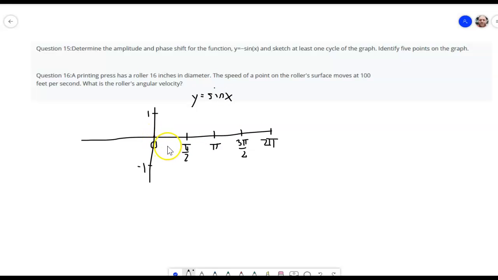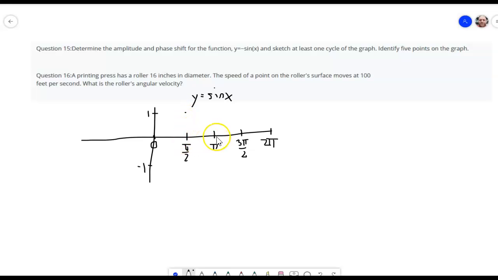When x is equal to 0, or your angle is equal to 0, look at your unit circle, then your y value is also equal to 0. And when your angle, or your x value, is equal to pi over 2, you can use your x value as your angle, then the corresponding y value is going to be equal to 1.